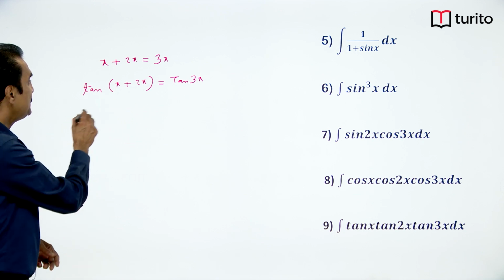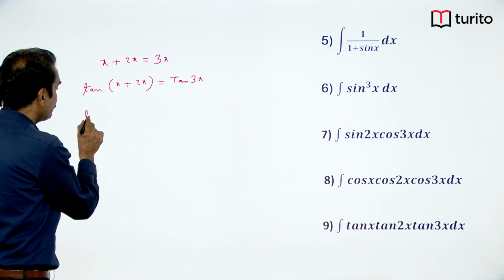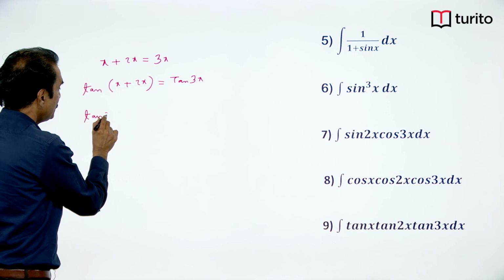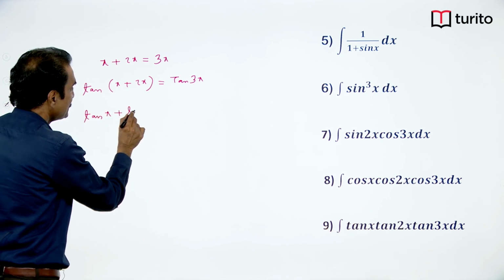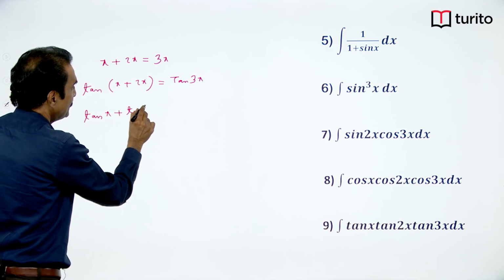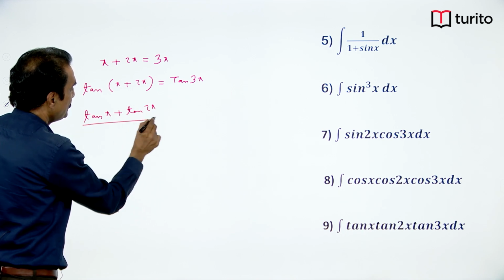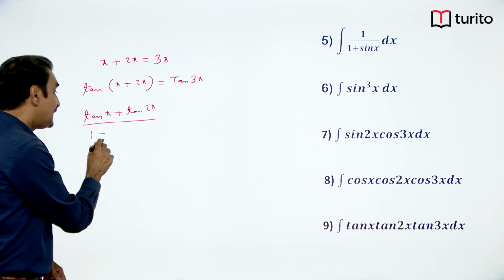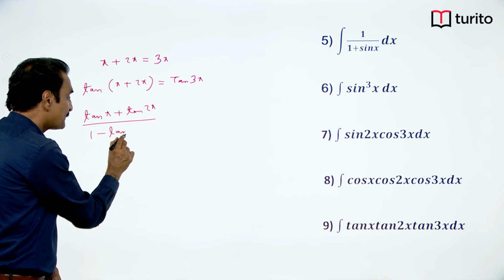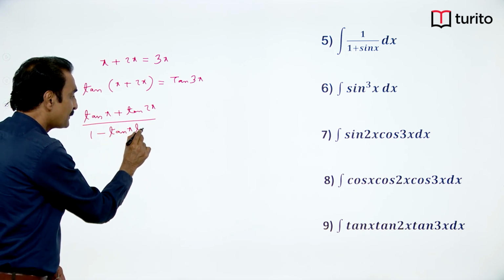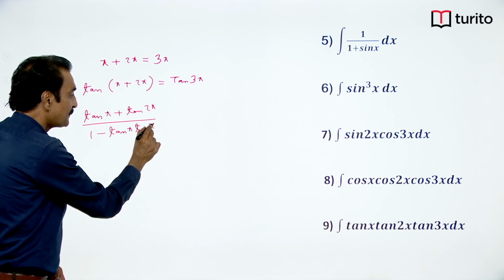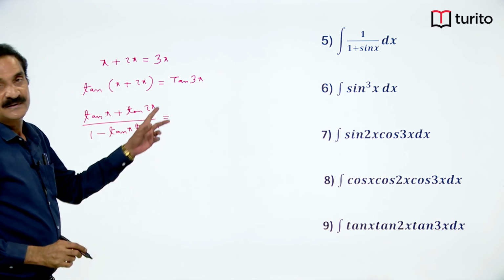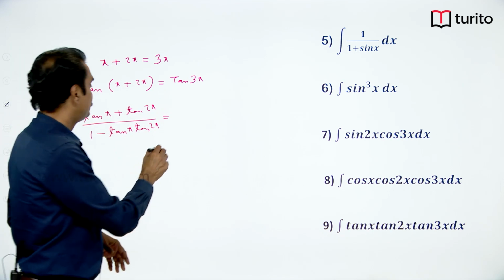It is tan a plus tan b by 1 minus tan a tan b. So, tan x plus tan 2x by 1 minus tan x into tan 2x is equal to tan 3x.